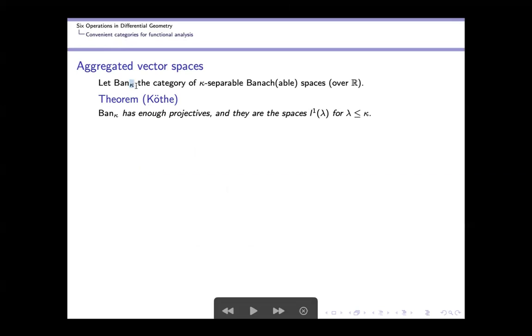So this means the category of Banach spaces that have a dense set of cardinality kappa. It turns out that this category has enough projectives, and the projectives are very simple to describe. They're exactly the spaces of absolutely summable sequences. So L1 of lambda is the space of absolutely summable sequences indexed by a set of cardinality lambda.